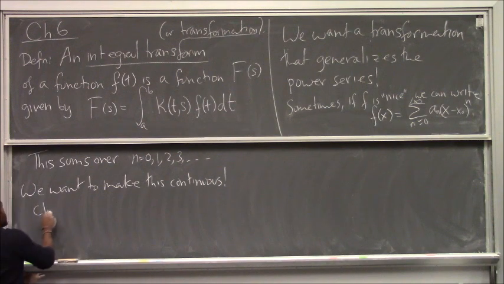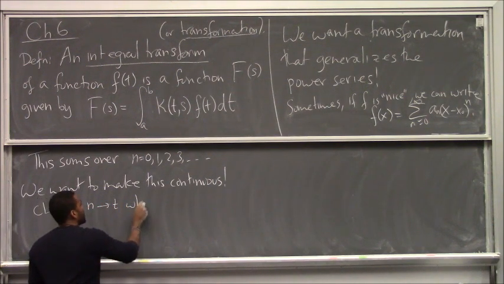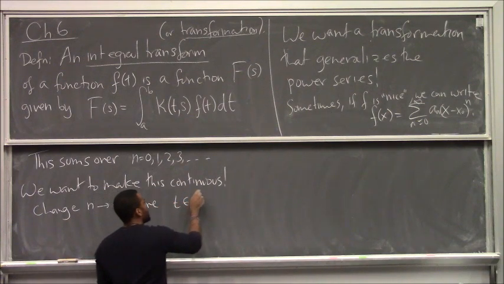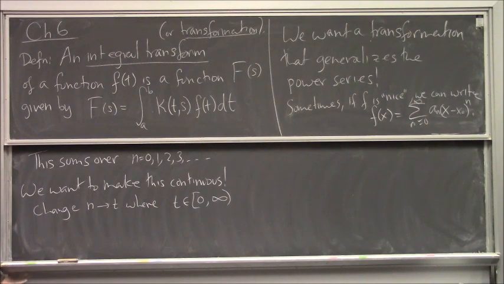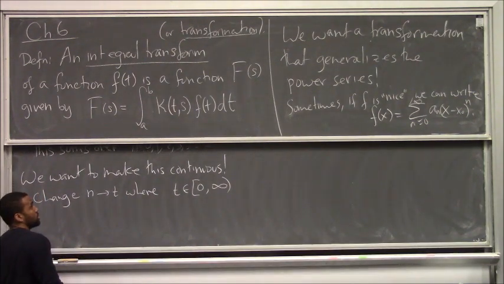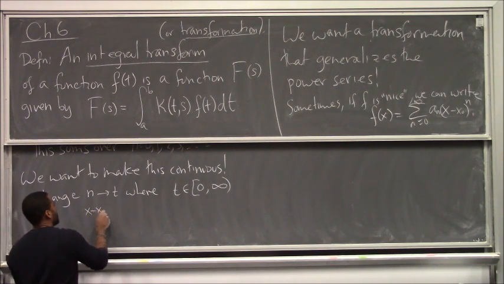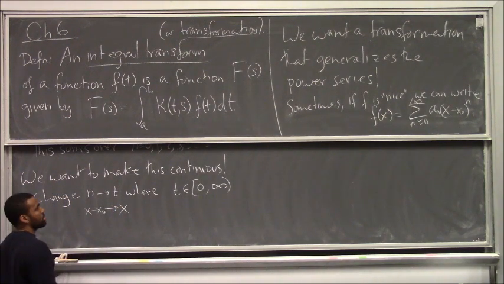So change n to t, where t can be any number from 0 to infinity. It can be anything, right? I can sum over that. So let x minus x naught, I'm going to change to x just to make it easier.